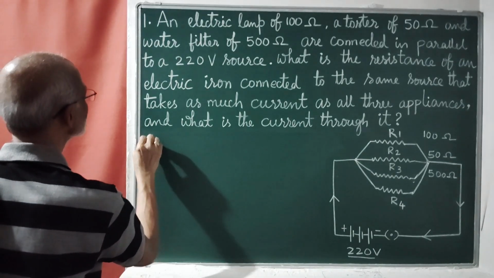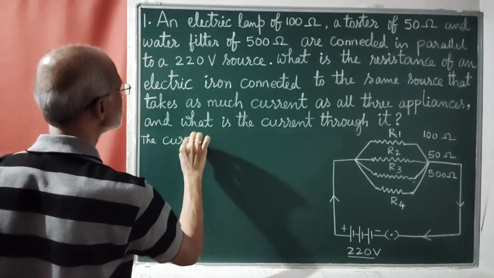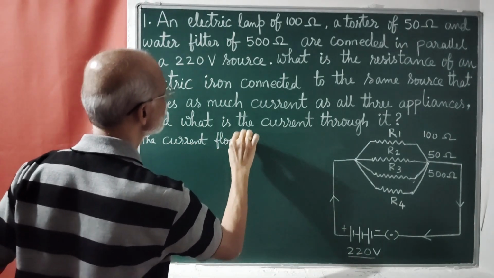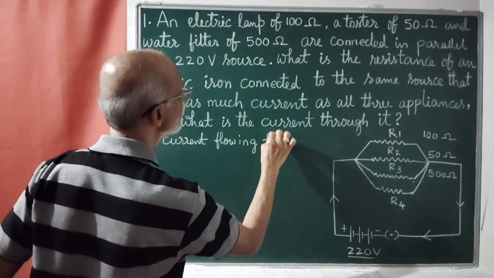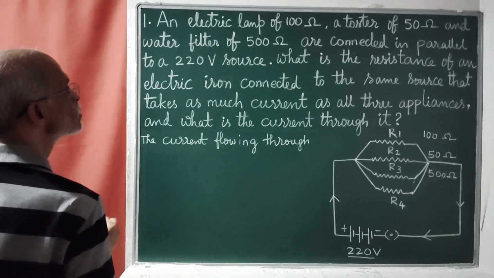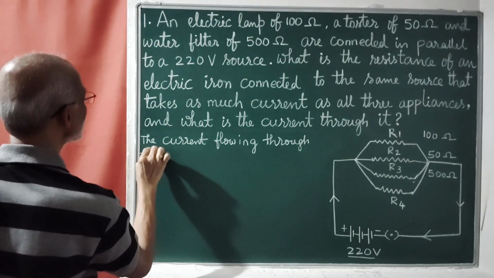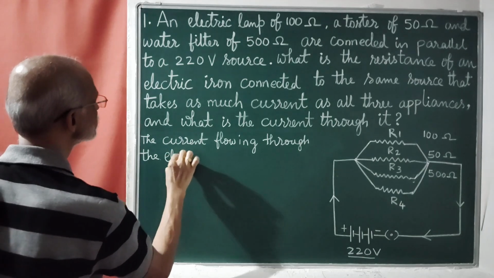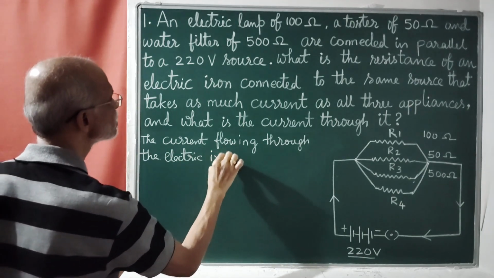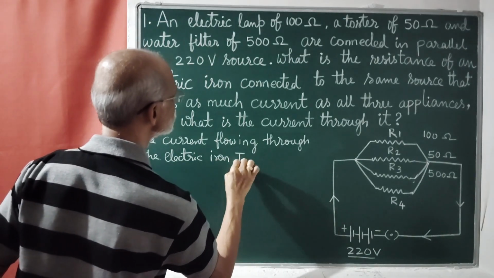Now the current flowing through the electric iron, that is I4.